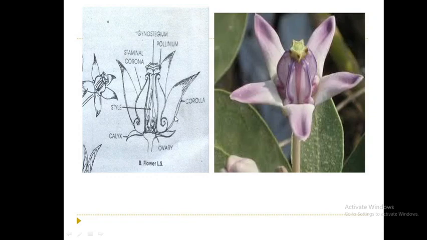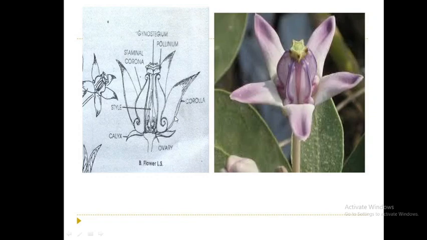The corolla has 5 united petals, that is called gamopetalous, which may be rotate in Calotropis, campanulate in Gymnema, or funnel-form in Cryptostegia. The estivation is valvate or twisted. The corolla tube is often with a corona which is in the form of a ring of hairs, scales or processes.